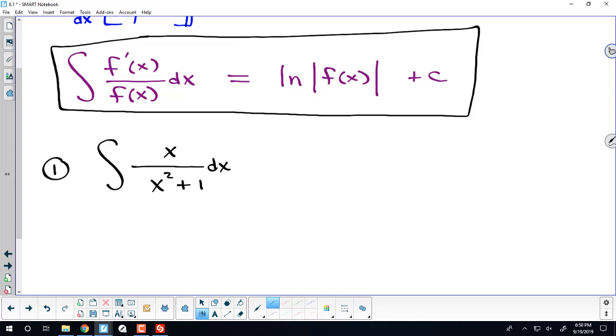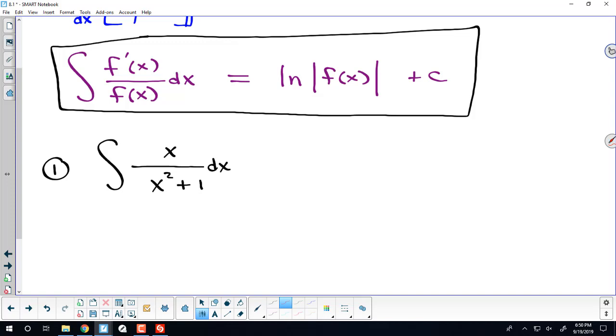The thing we recognize hopefully as a u substitution, because the function on the bottom has, up to a constant, its derivative up on top, right? So when we look at this through the lens of a u substitution, we say, well, u is equal to x squared plus 1, and then we put that 2 on the other side with the du and say 1/2 du, right?